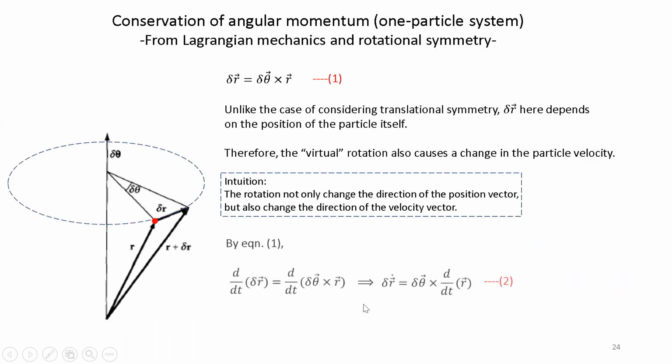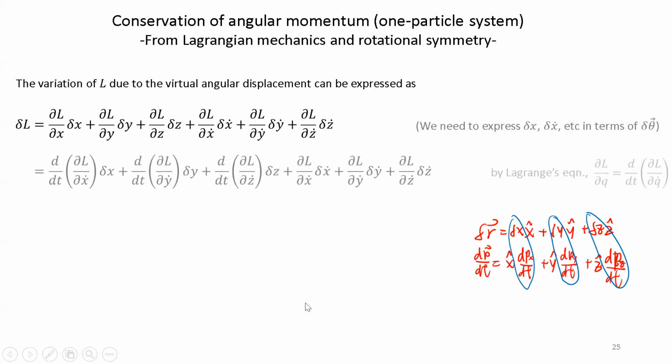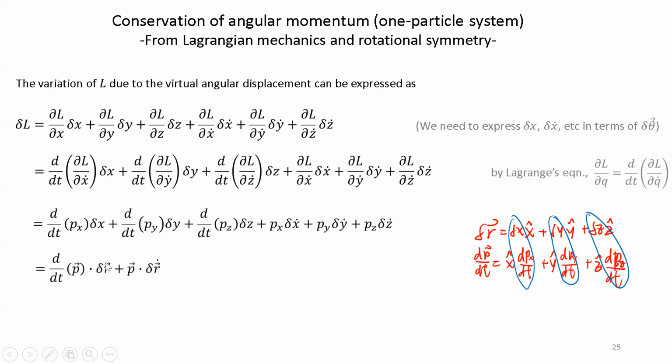Here where I see delta r, I replace it by delta theta cross r. And where I see delta r dot, I replace it by delta theta cross dr dt.